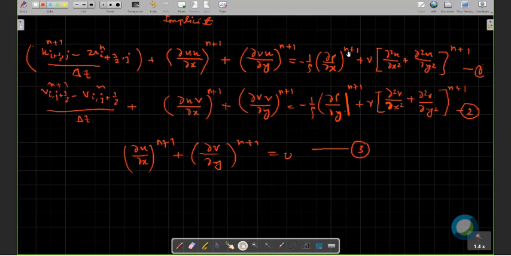What we can do is write this equation in terms of a known pressure field. Instead of all other values, we simply consider these values as known and write the n plus 1th level value as a star value.